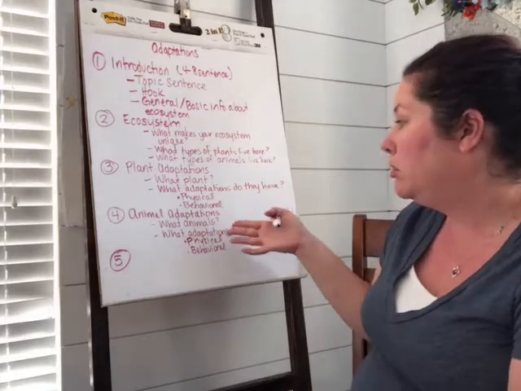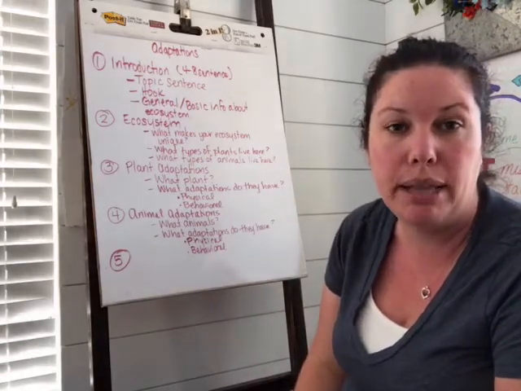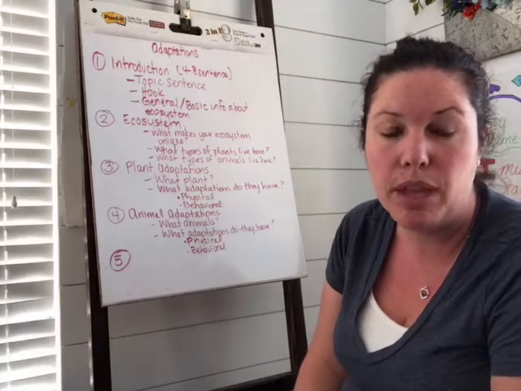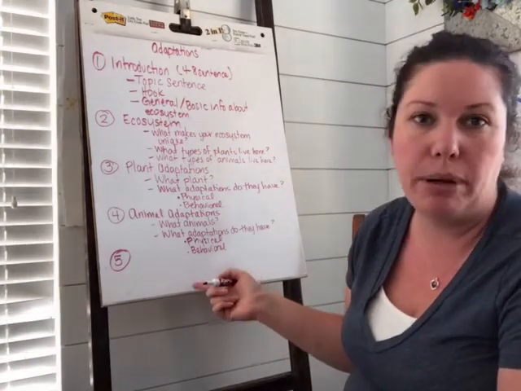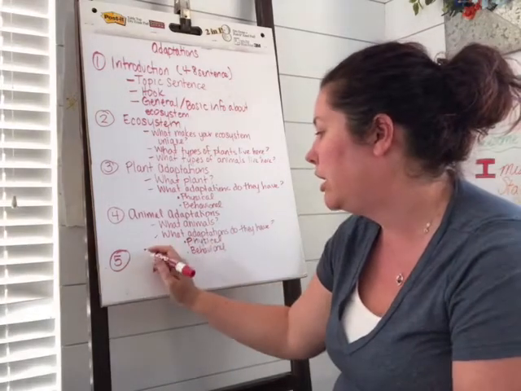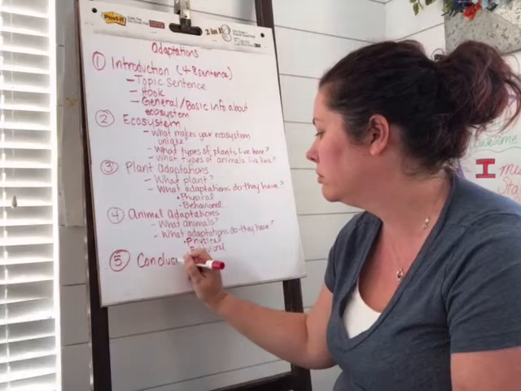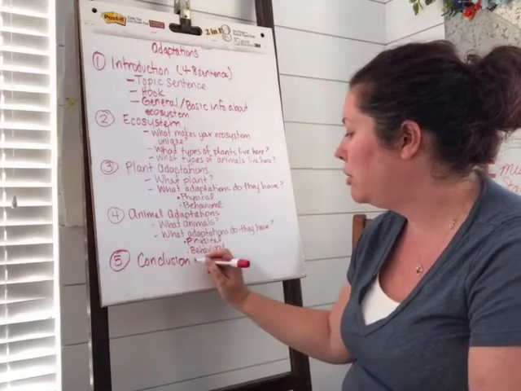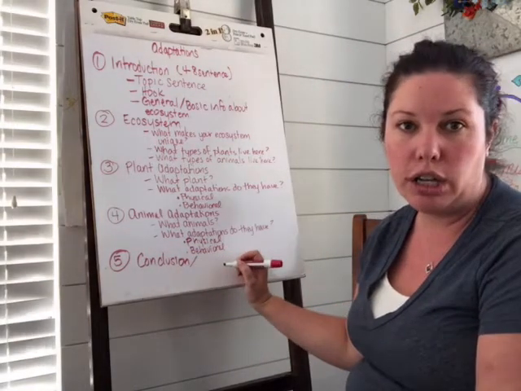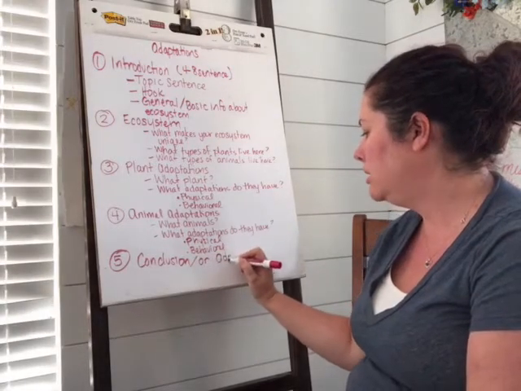You can absolutely talk about that in paragraph 3 and 4 when you specifically talk about the plants and animals that you're researching, or you can include it in paragraph 5. I'll let that be up to you. Or you can do your conclusion. So it could be your conclusion, or you can continue talking about adaptations.